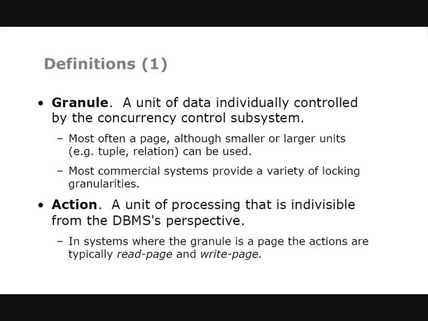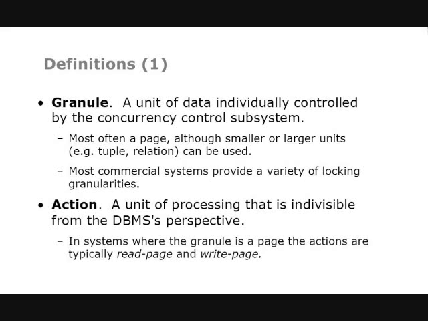Now, the granularity could be a page of data, because data is put together in pages. So it could be that the granularity that we use in a concurrency system is a page. It could be an individual tuple, a single record, or it could be a whole entire file. Obviously, the smaller the granularity, the more concurrency we might allow.